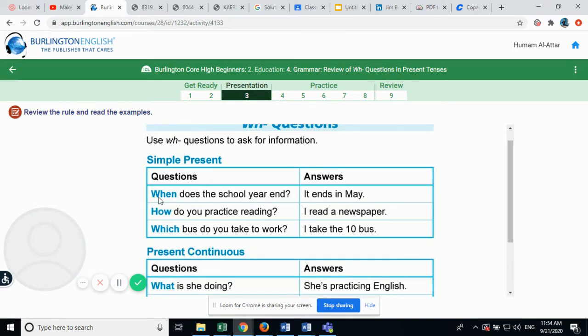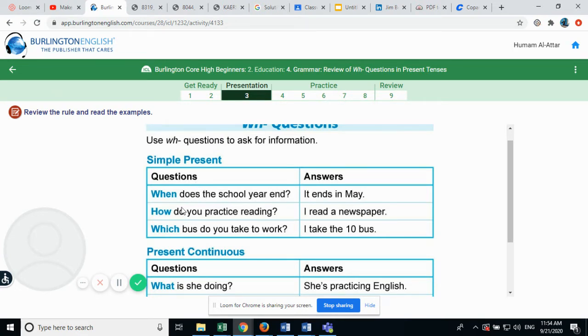So we use when, how, which with simple present. Okay? So the verb we use with when, how, which is simple present.